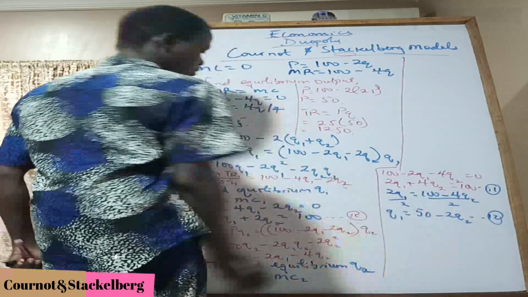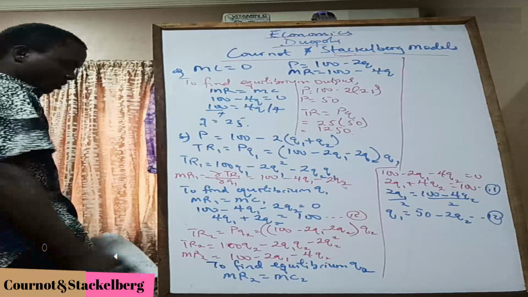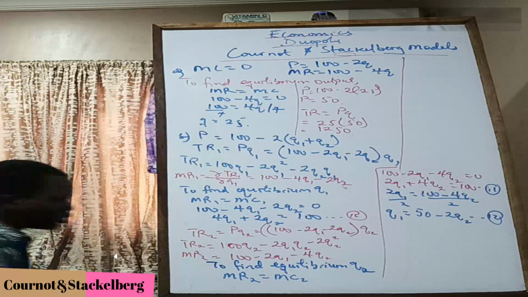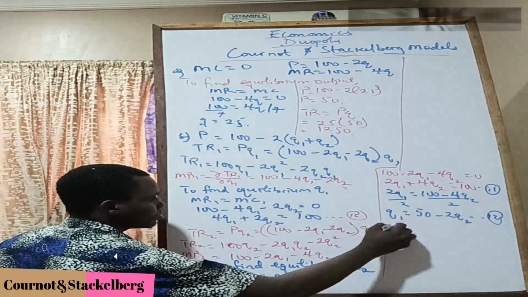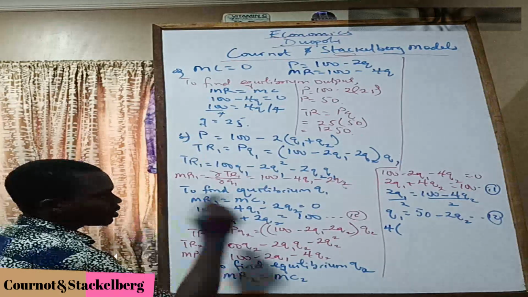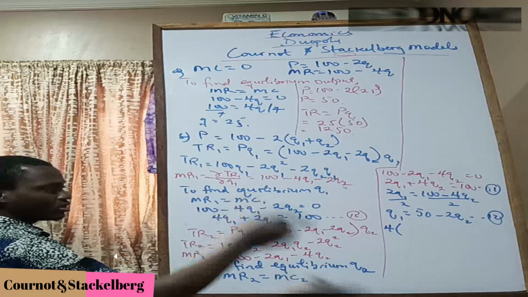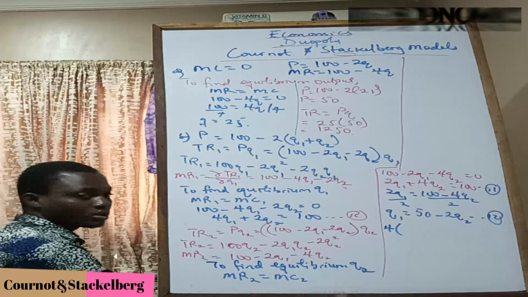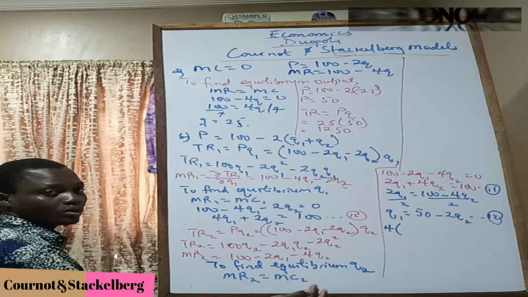So I could put equation 12 in equation 11, like a normal simultaneous equation. But I can't put equation 12 in equation 11, since we got equation 12 from equation 11. So I have to put it in the alternative equation.